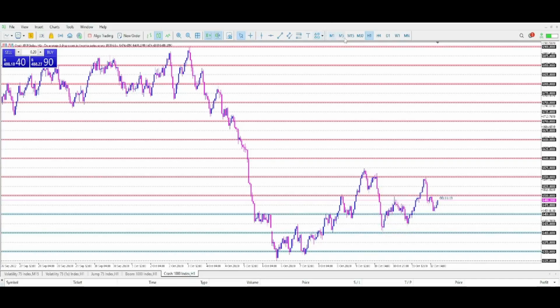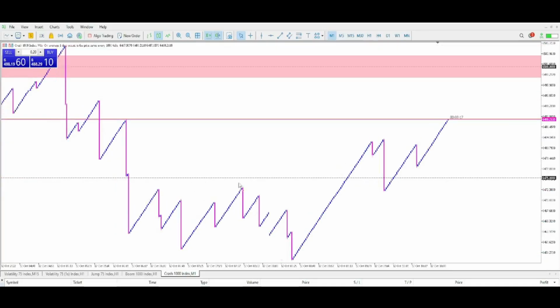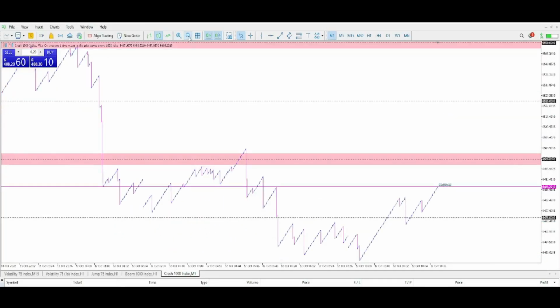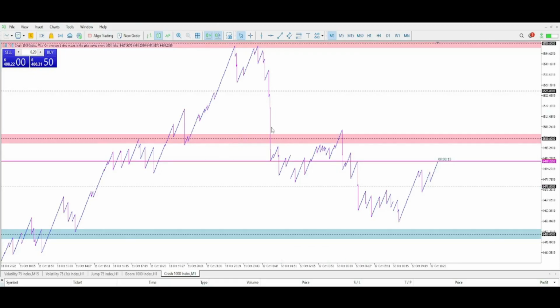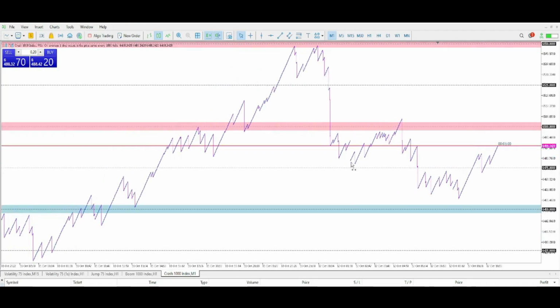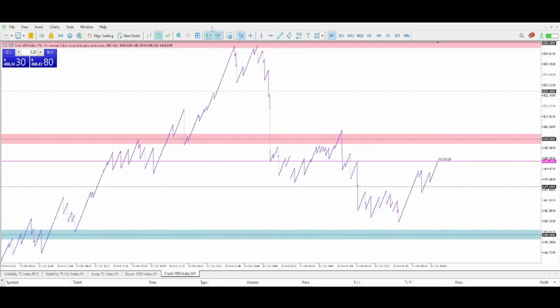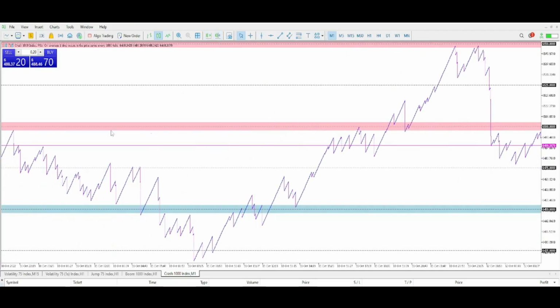Let's see what would have happened in this scenario. Let me just zoom out a bit. You can see here we just had spikes. This was just spikes. So if you love spikes, this will be an ideal situation for you to hunt those spikes. Let me see if I can get another example.